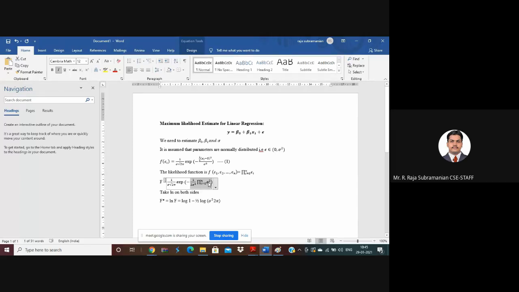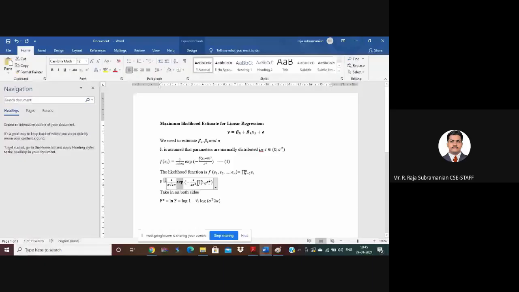I'm not considering this exponent. I'm just considering this product term alone. This product will now convert into summation, right?